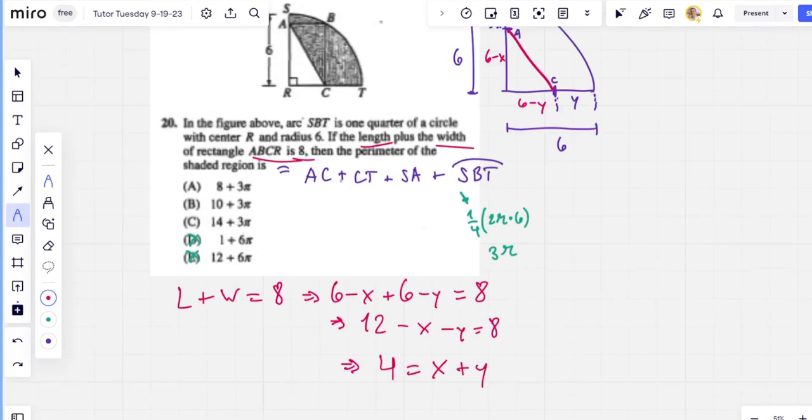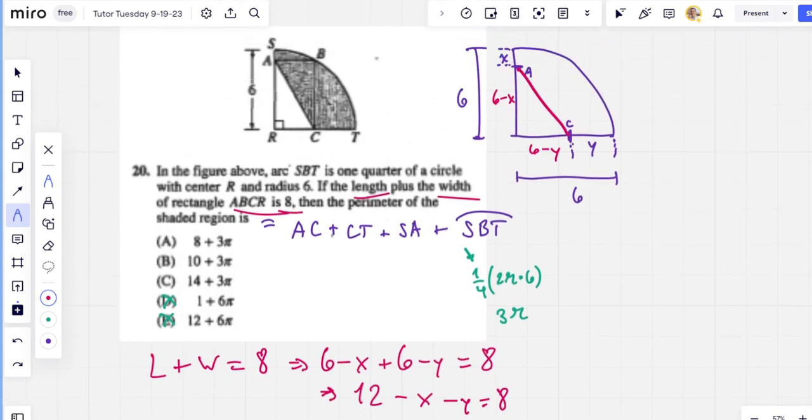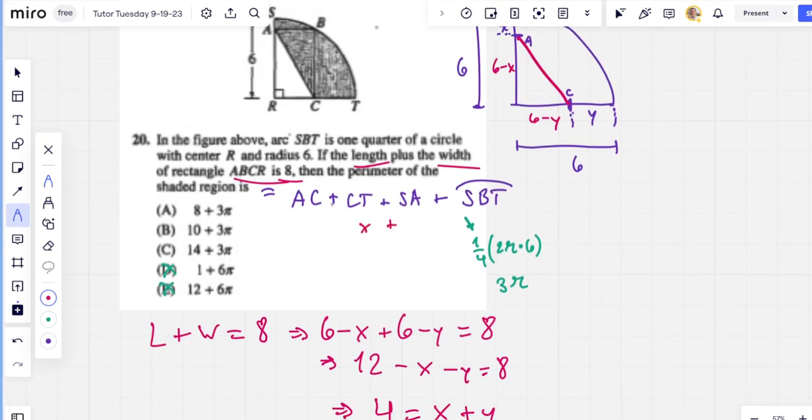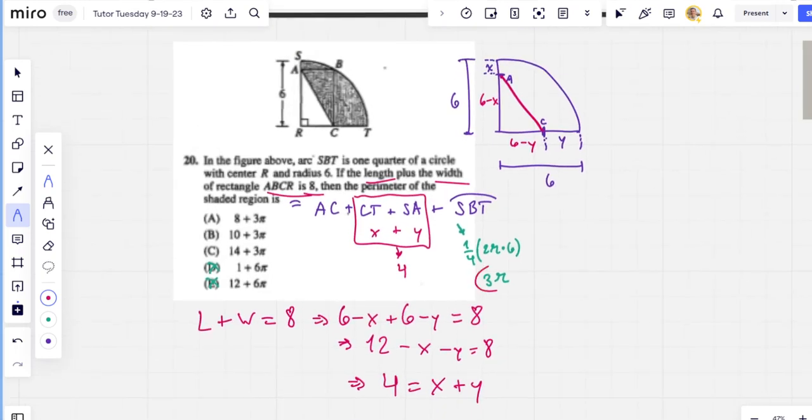That's useful to us because remember CT and SA are just simply x and y. This is x plus y, these two terms. That becomes 4. So we have the 3 pi, we have the 4.